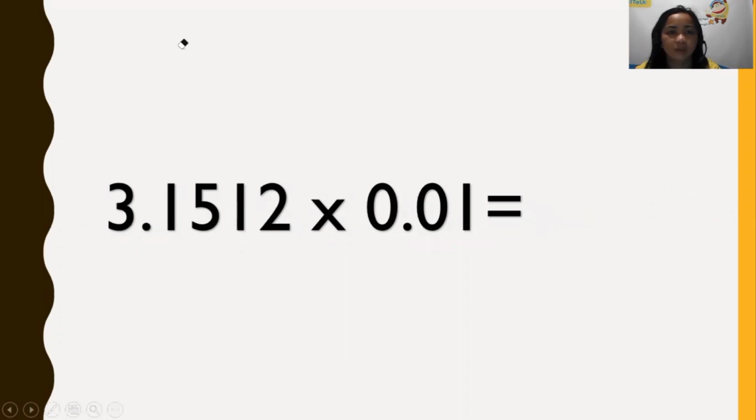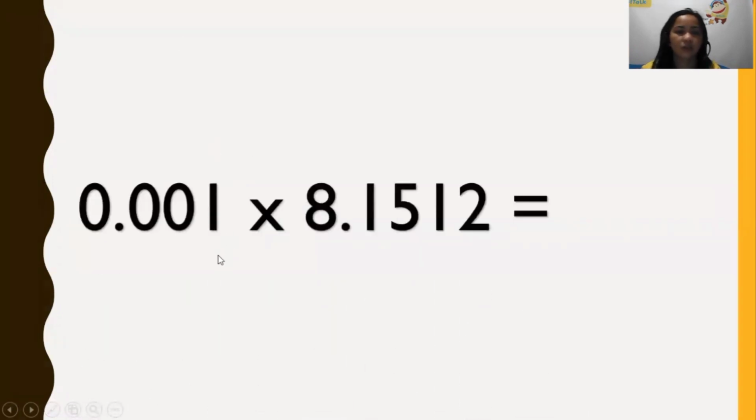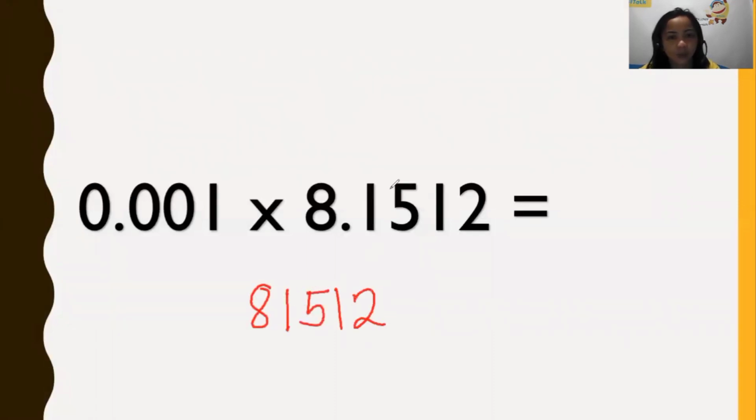Let's have another example. Alright, so we have 1,000ths times 8 and 1,512 10,000ths. Kopyahin ko na lang yung given dito. 8, 1, 5, 1, 2. Originally, ito yung decimal point niya, no?